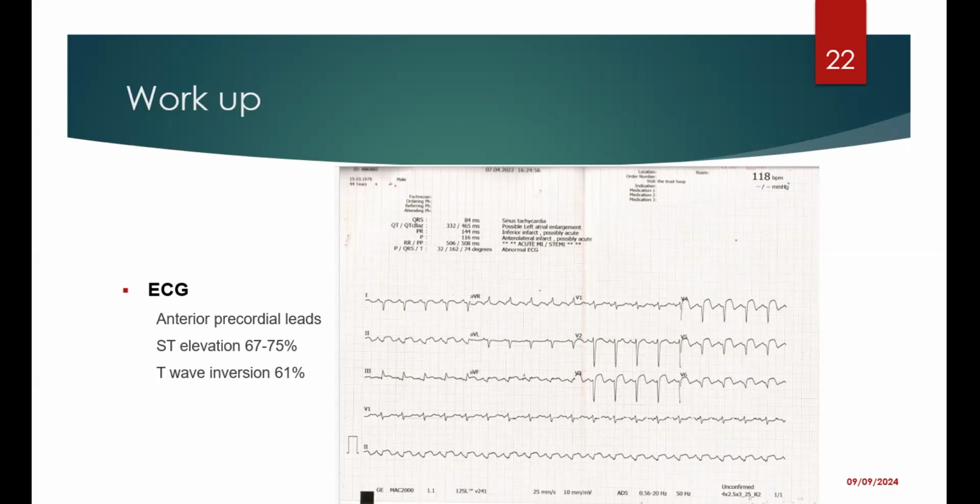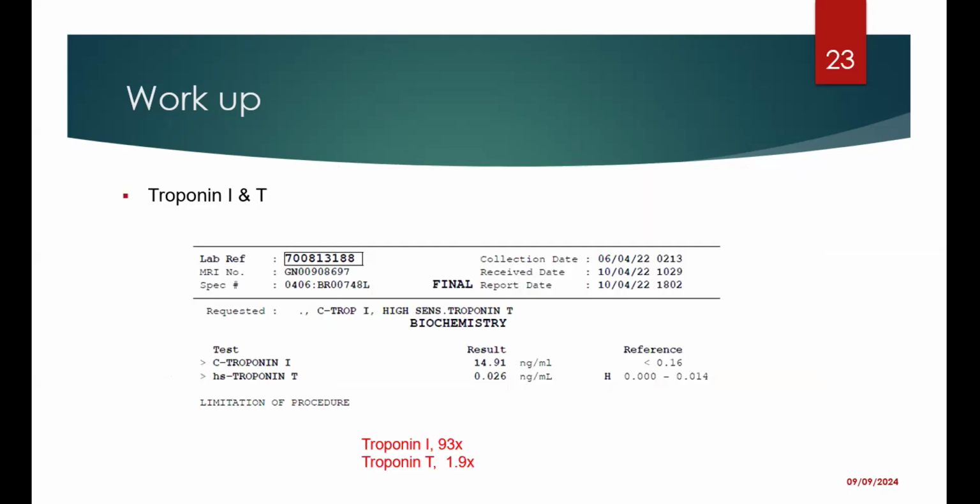So ECG is a very important investigation tool that helps in the diagnosis of this condition. This also shows the troponin that was done for him at the time. He had elevated troponin I, very high at about 33 times the upper limit, and troponin T was also elevated, almost two times the upper limit.